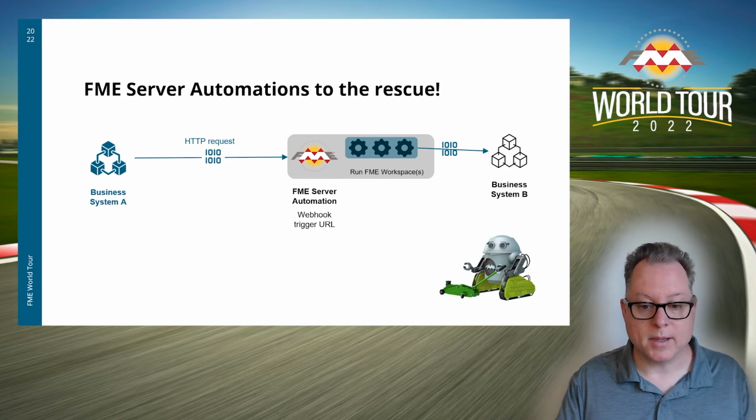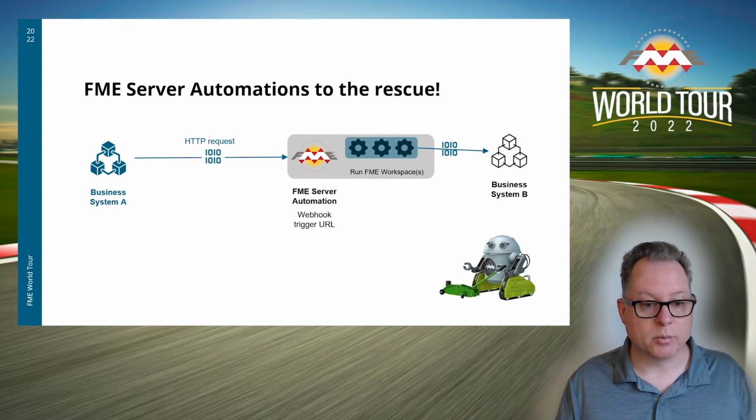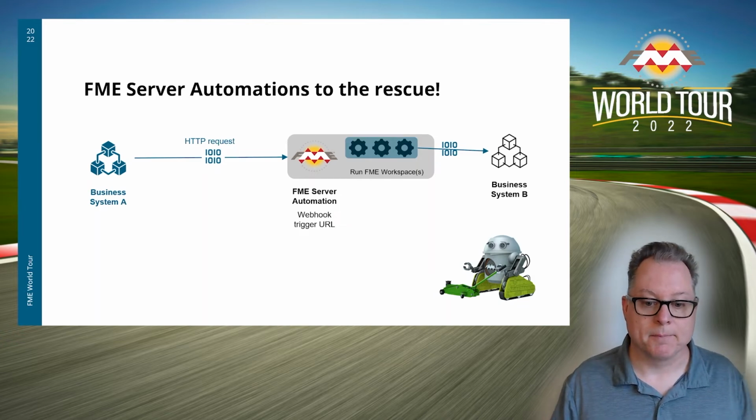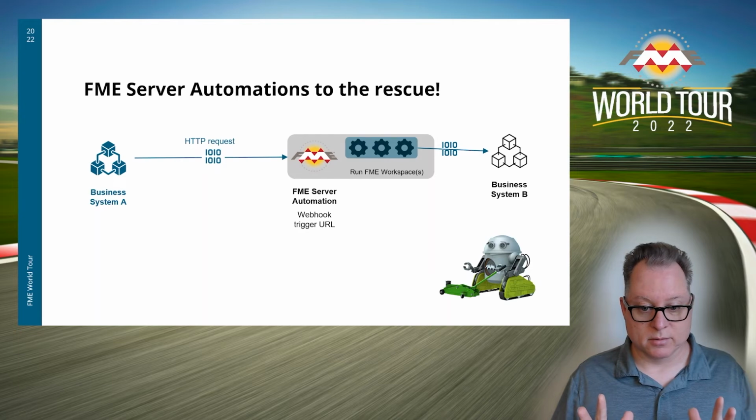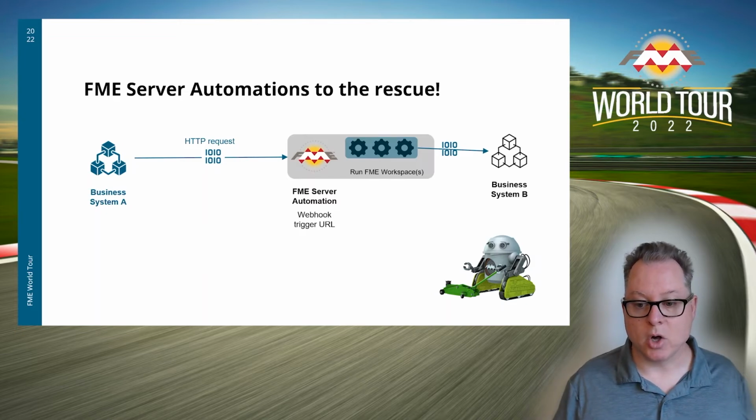Or maybe they pull data in from even additional business systems, combine it all together with the webhook message, and then interact with business system B. Regardless, the end result is a no-code, let me emphasize that, no-code integration that you can maintain long-term using tools you are already familiar with.